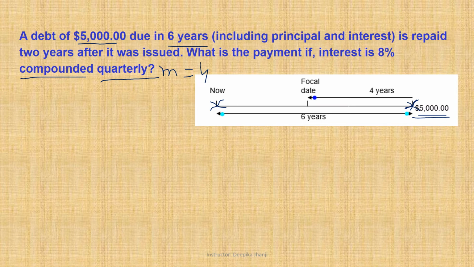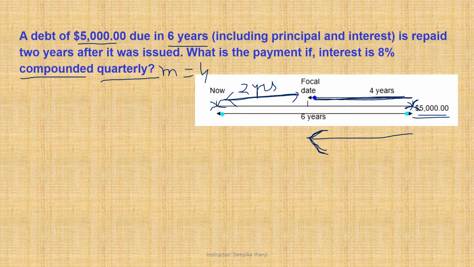So this length is 2 years, from the beginning. If the total length is 6 years and this length is 2 years, that means the remaining length is 4 years. So an amount which was due after 6 years is paid in advance.